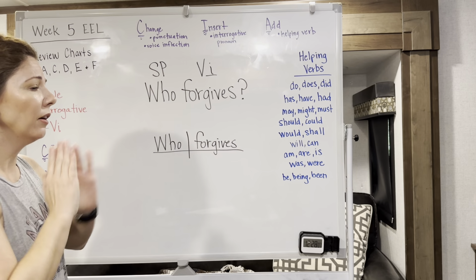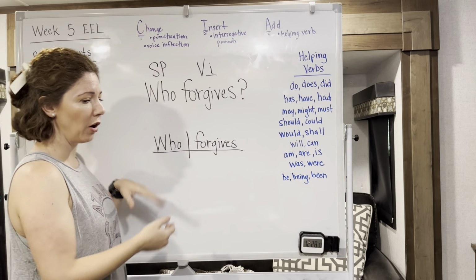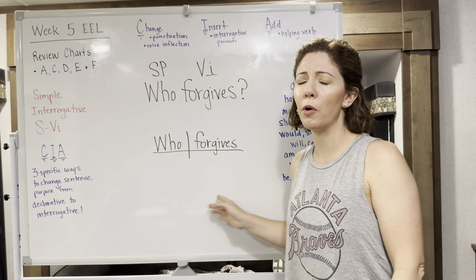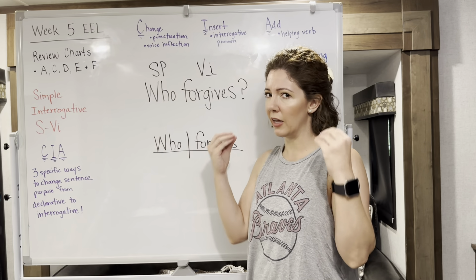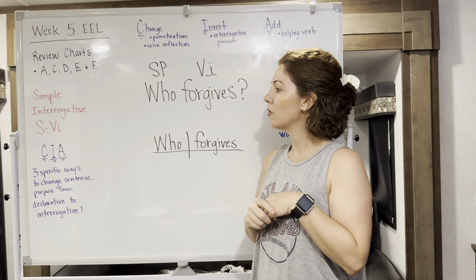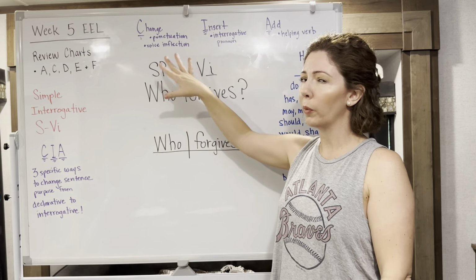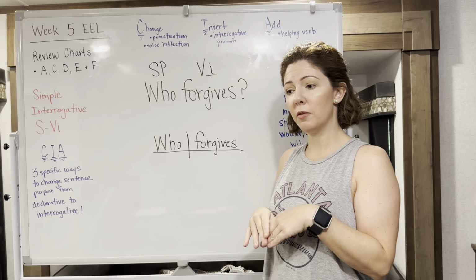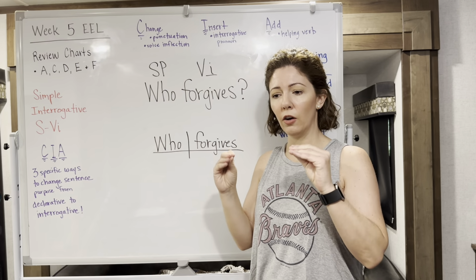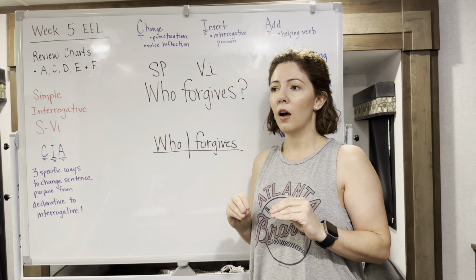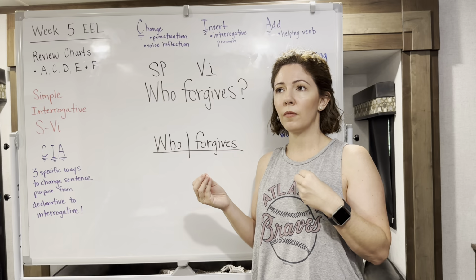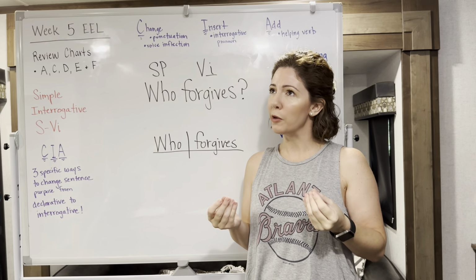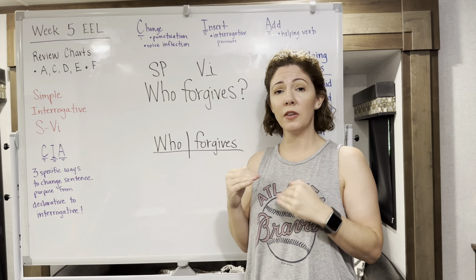And those were the main new things going on in week 5. So I just wanted to go over that one more time to get that in your brains and to remember how we're going to change a declarative sentence to an interrogative purpose, because as we move on in our analytical task sheet, there are more tasks to be done, and one of those tasks is going to be changing the purposes of your sentences.